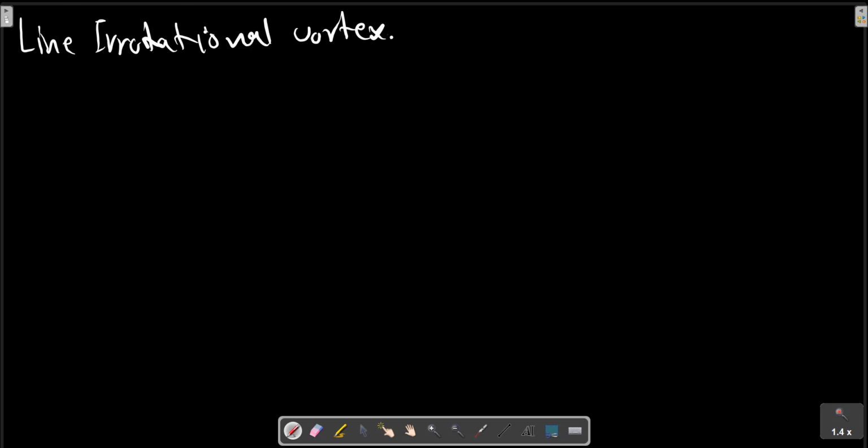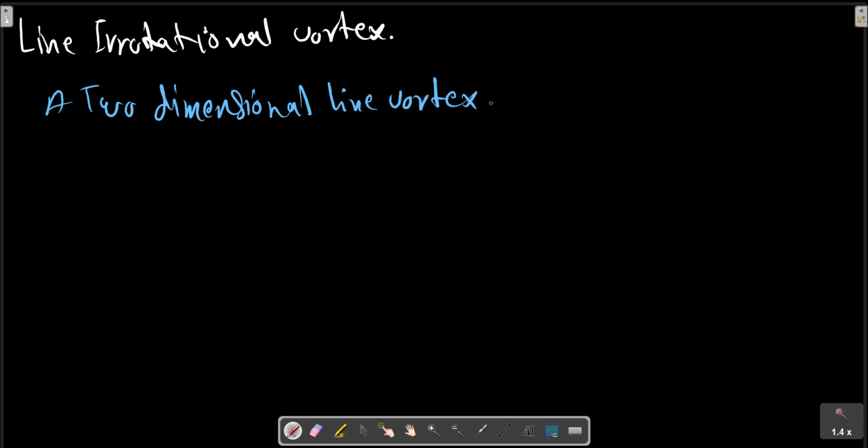Let me write: line vortex is a purely circulating steady motion.